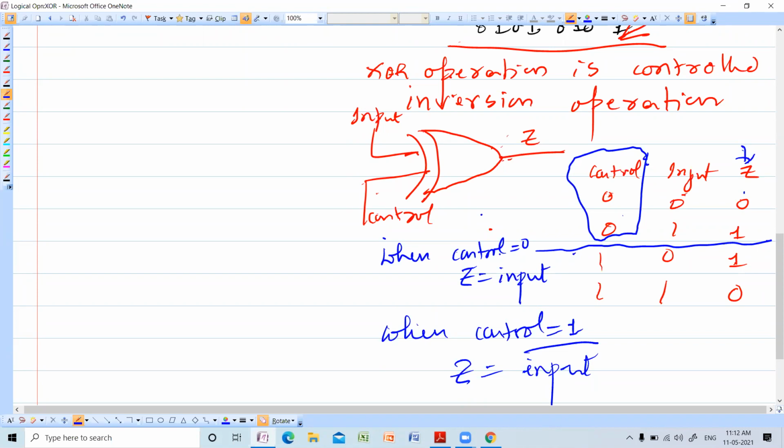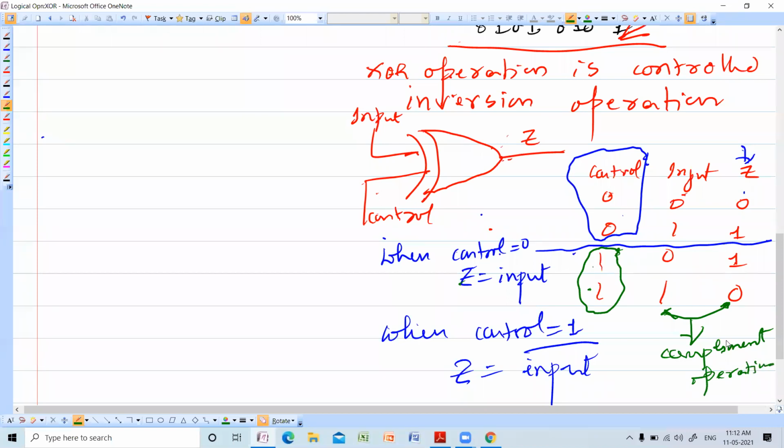So when control is 1, the complement operation is performed. That is the characteristic of an XOR gate.